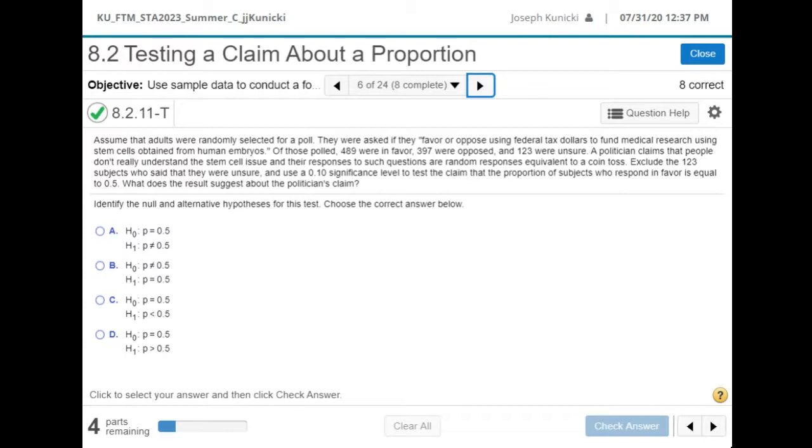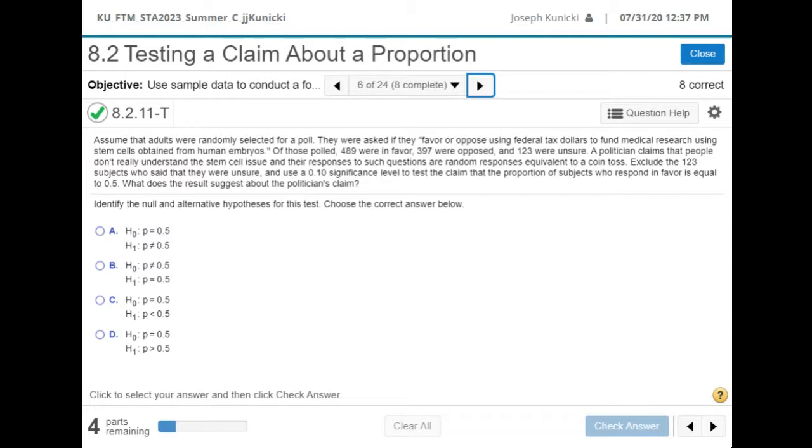A politician claims that people don't really understand the stem cell issue, and their responses to such questions are random. He's saying it's 50-50. He's saying that the proportion of yeses is 50%. If it's a coin toss, then it's 50-50. So we're going to exclude the 123.